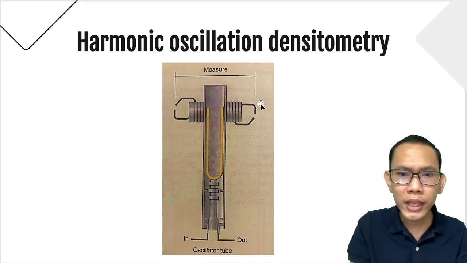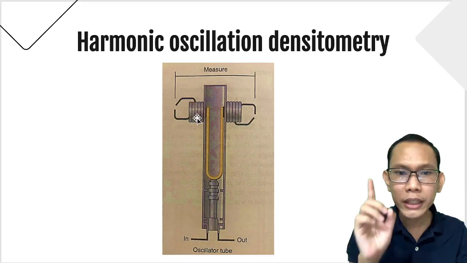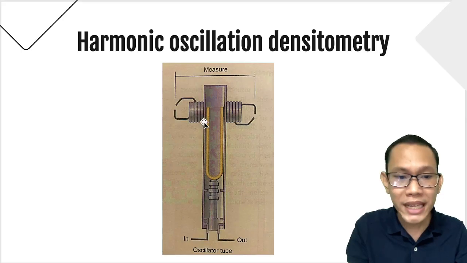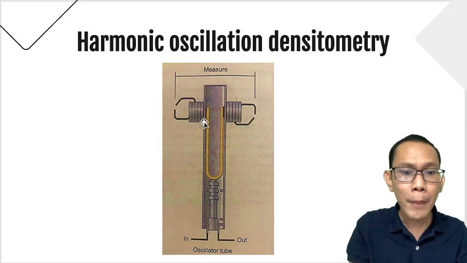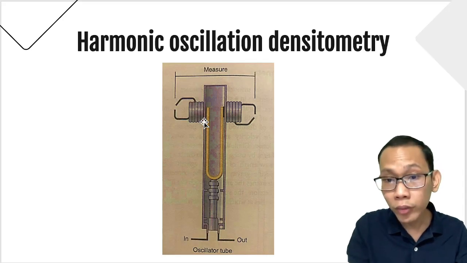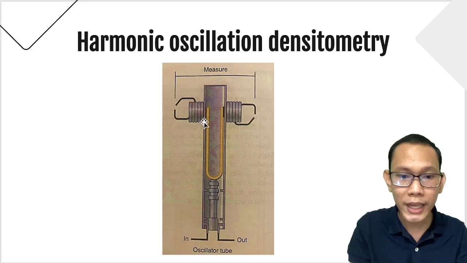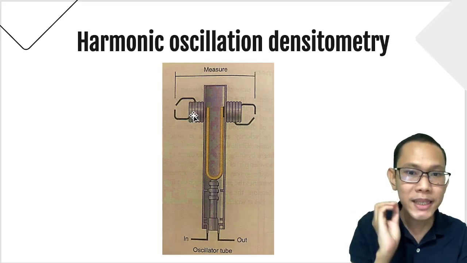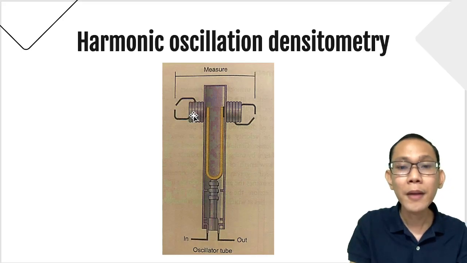So, pag meron na tayong electric current dito, there will be now a sonic oscillation. Then, i-detect yung oscillation and that will now be proportional to the density of your urine. So, a microprocessor corrects now a sample temperature and result is valid up to a specific gravity of 1.080. So, again, your specific gravity is only 1.080. So, yan yung pinaka-maximum na result na kaya niyang i-read.